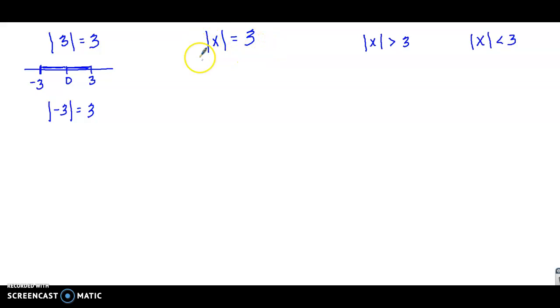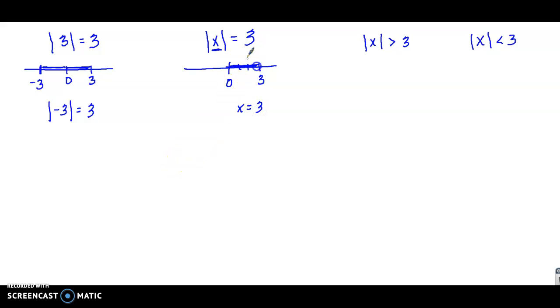When I look at it as a variable, and we're still thinking about that distance from 0, now I don't know what my value is, but I know that its distance is equal to 3. So if my distance is going to be 3 units from 0, I could go on my number line, starting at 0, and count over 3 units to 3, so that I know x is equal to 3.